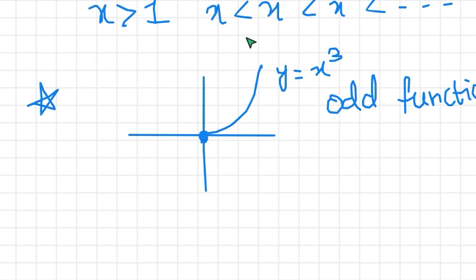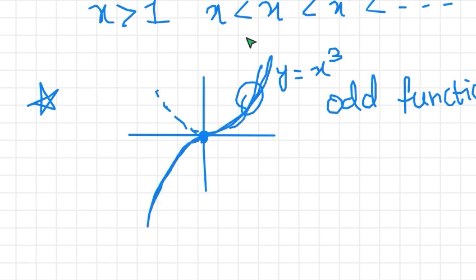You can do it like this, and then you have to flip like this. So this graph flips about the origin. So this is the main graph.